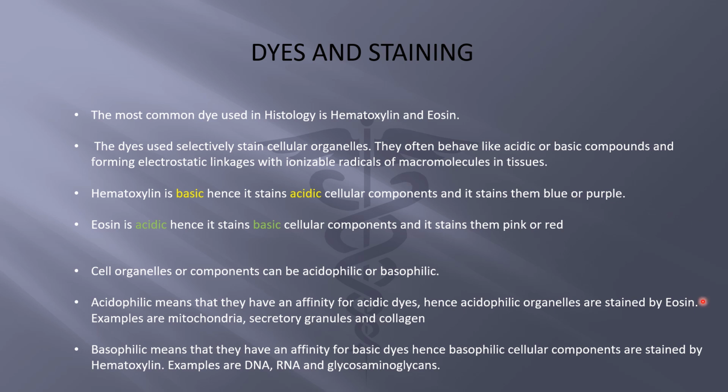Let me explain further. Oh, before I explain anything further, let me talk about eosin. Eosin is acidic, hence it will stain basic cellular components, and it will stain them pink or red.